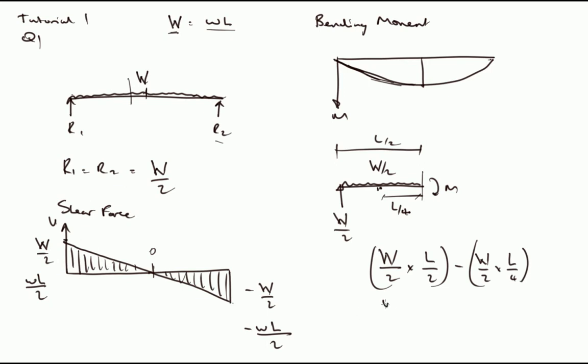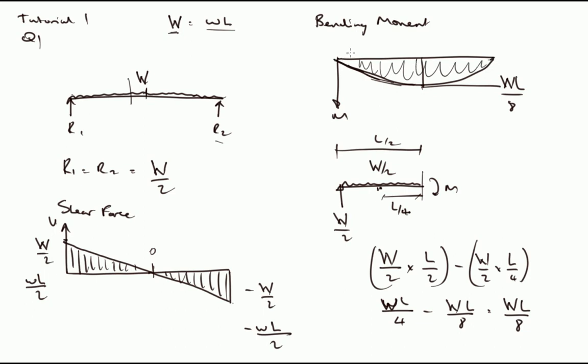So we get WL divided by 4 minus WL divided by 8, which gives us capital WL divided by 8. So our maximum bending moment here is WL divided by 8.